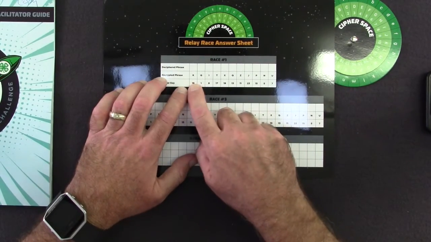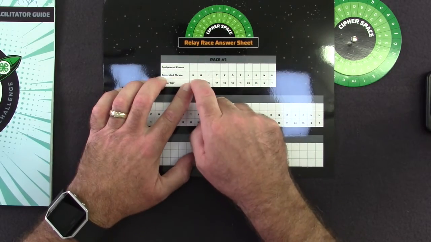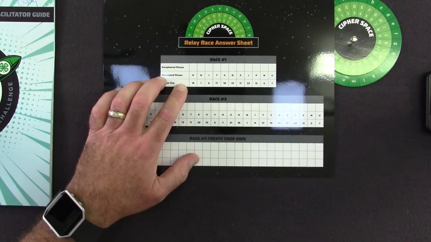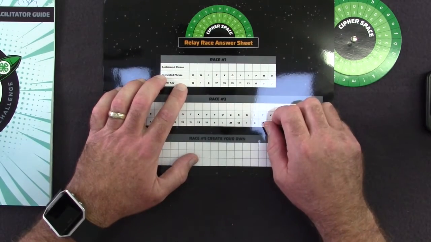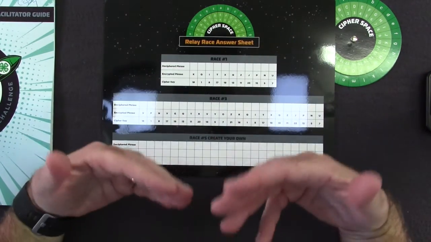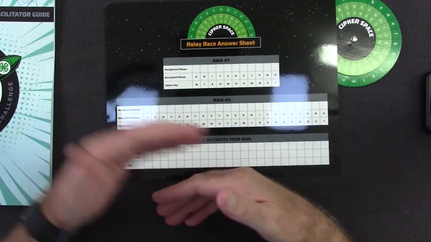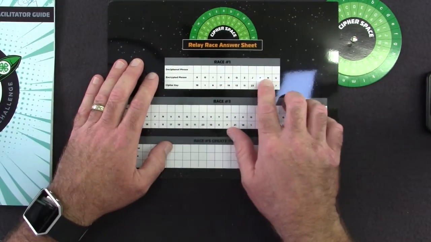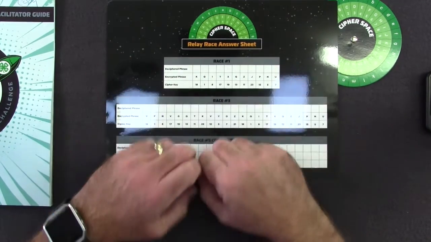They run down, they decrypt the letter, they put it in the deciphered phrase, and they bring the relay race sheet answer. Actually, they don't bring it back, they leave it at the other end of the room. So if they see something that looks kind of funny, they can share with their teammates and utilize their turn to see what correction needs to be made, or they can skip a letter if they're having some trouble.